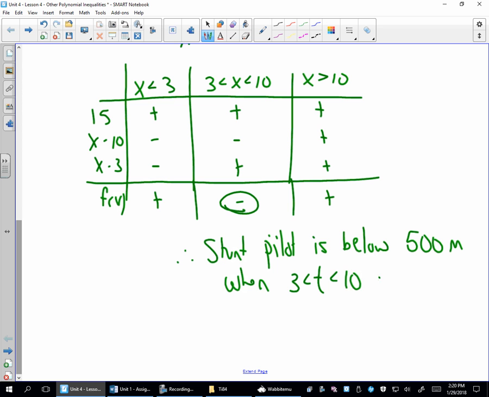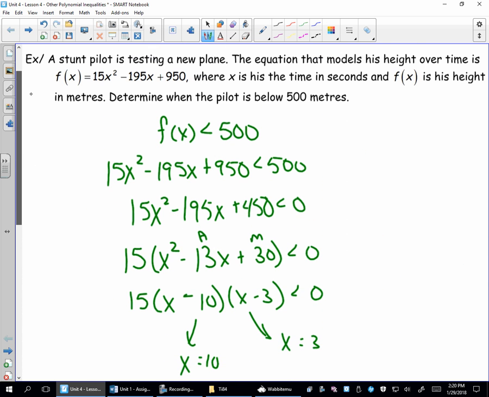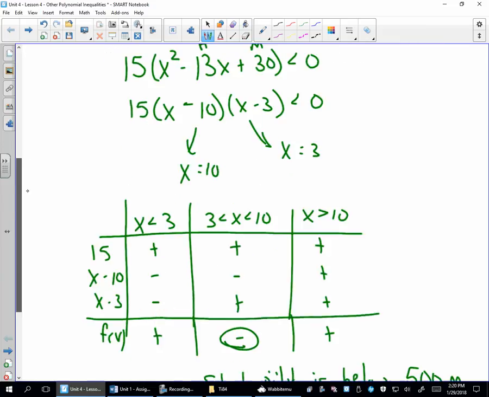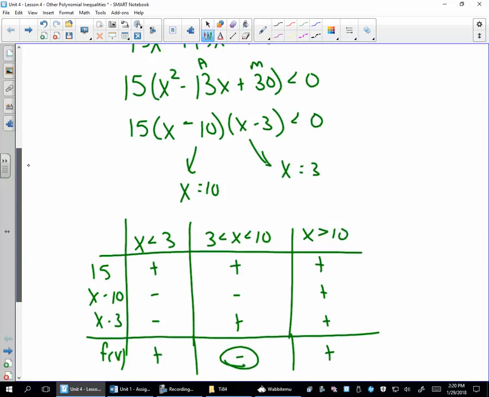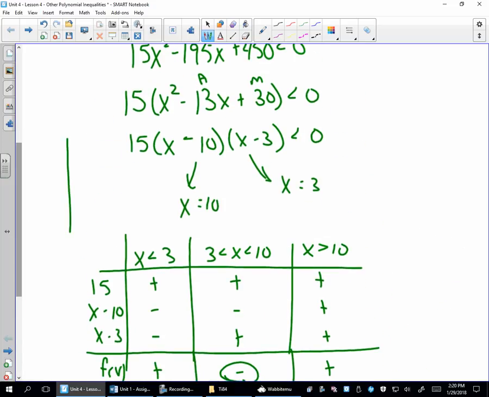I think this is in seconds, isn't it? It was, yeah, time in seconds. So that's what we did yesterday, right? Solving from 3 to 10 seconds, he's below. So we start off above, went down, went back up. Which, based on our knowledge of graphs, the right-hand side is positive. It's a quadratic. That makes sense, right, below.